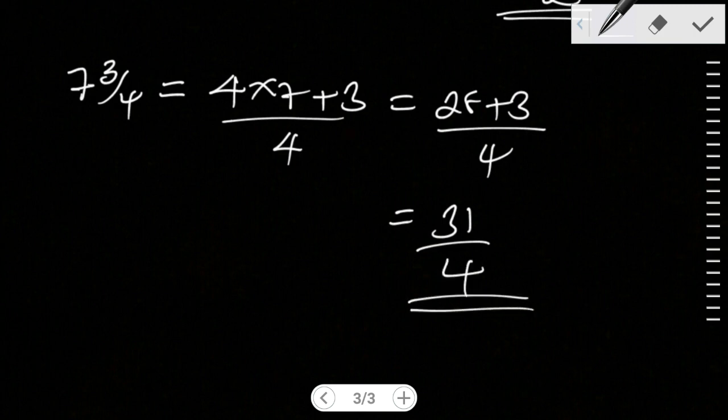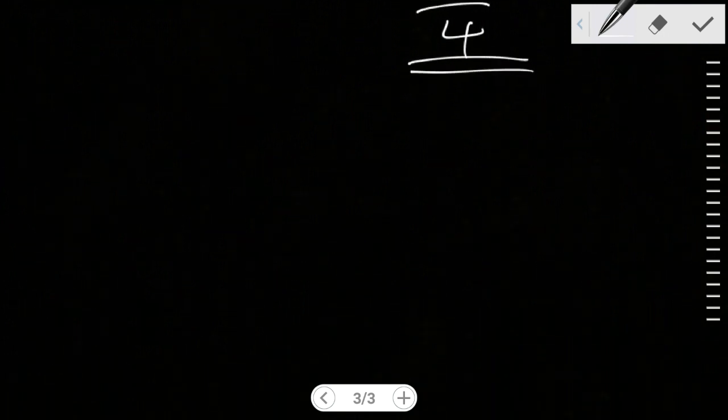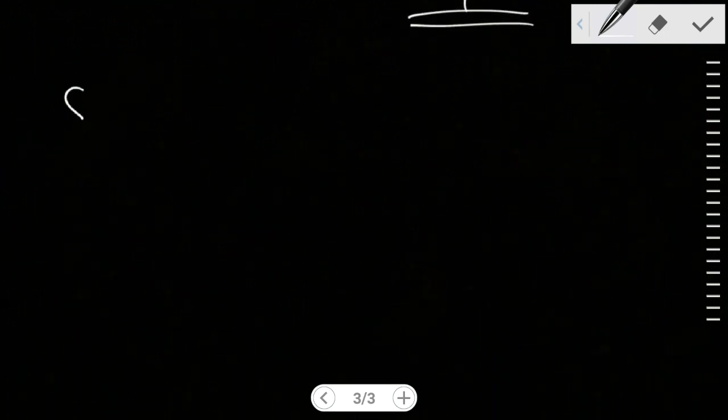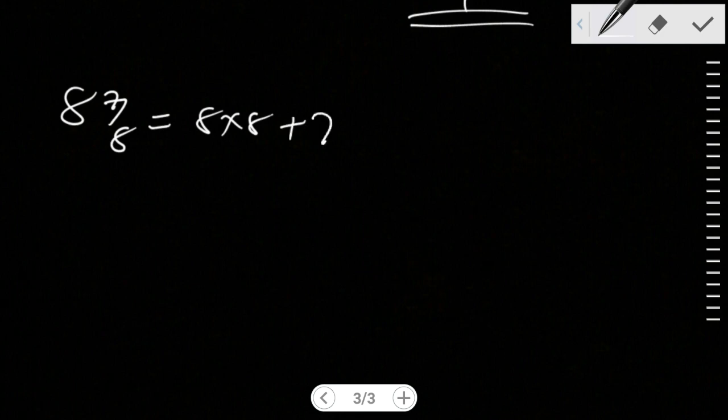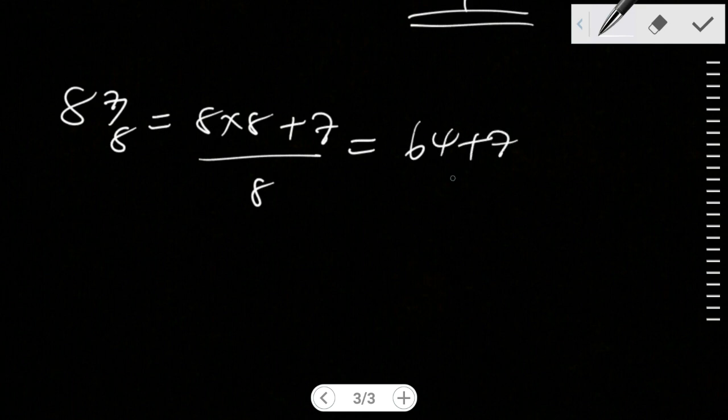This is my improper fraction. Let's try another example. If I have 8, 7 all over 8, this would be equal to 8 times 8 plus 7 all over 8, which is 64 plus 7 all over 8, and this would be 71 all over 8.